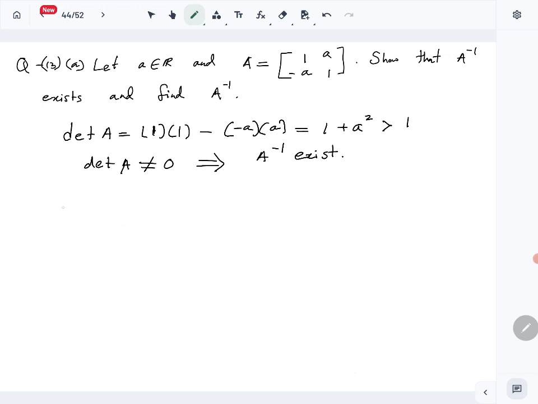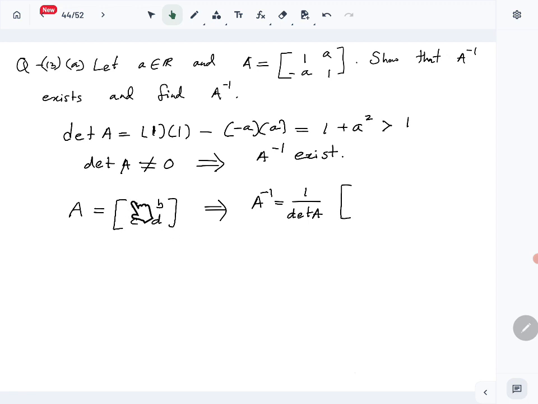So let's recall the formula for a 2 by 2 matrix inverse. So A inverse is given by 1 over determinant of A times, for the elements on this diagonal, you flip them.